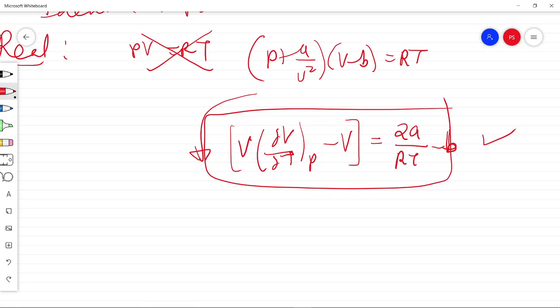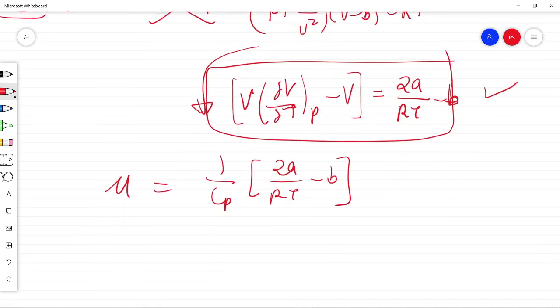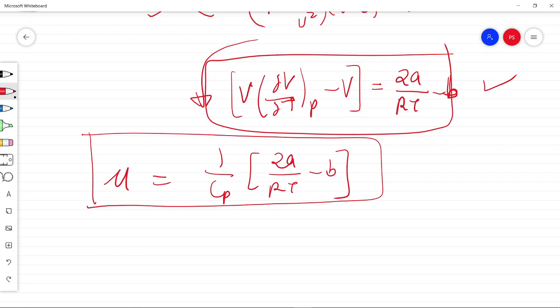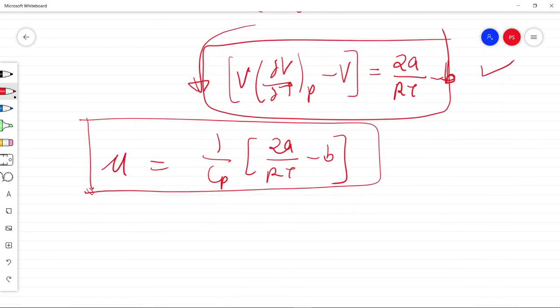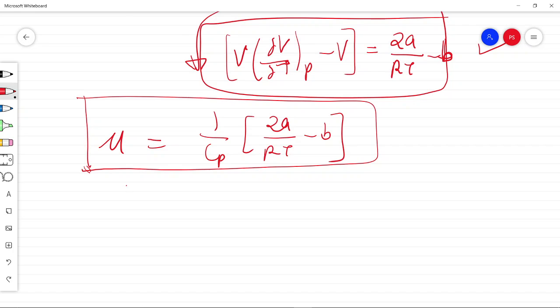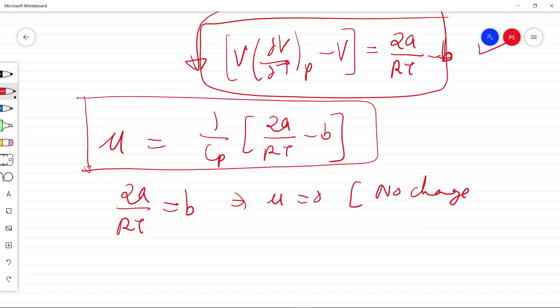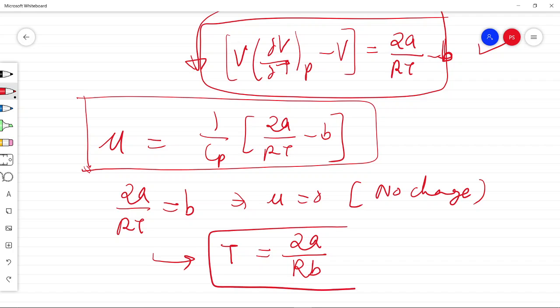So if we use this in the definition of mu, we get mu equal to 1/Cp (2a/RT minus b). So this is the expression for the Joule Thomson coefficient for a van der Waals real gas. If 2a/RT is equal to b, then mu is going to be 0 and no change is observed in the temperature. We can rearrange this to have T equal to 2a/Rb. This is the inversion temperature which we talked about.